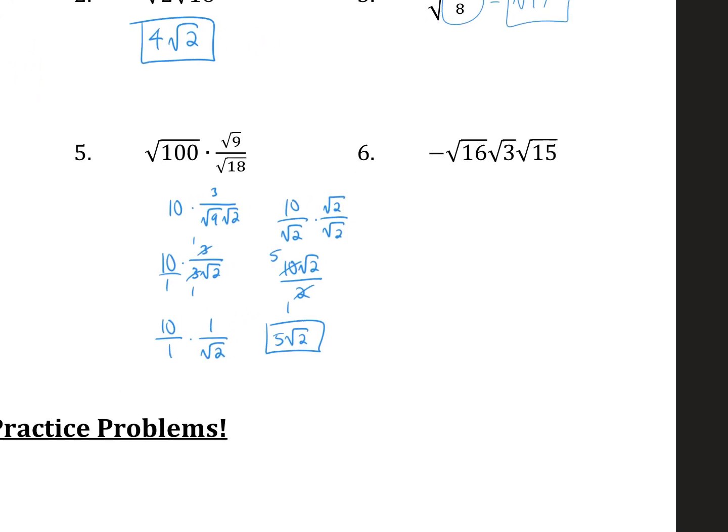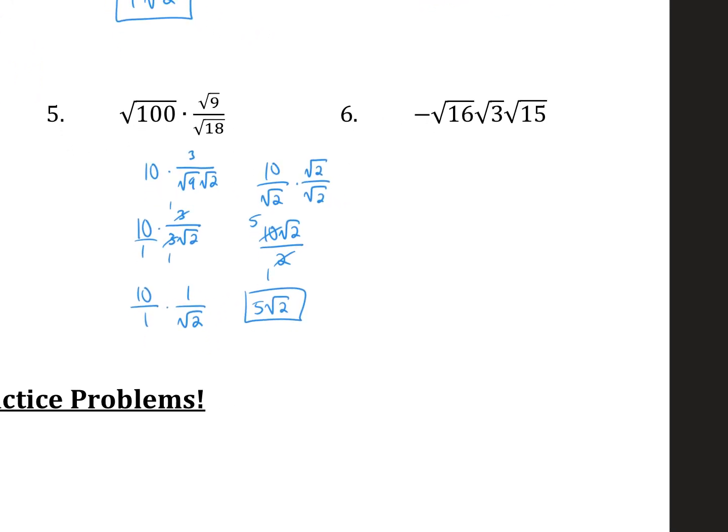All right, very cool. Number 6. What I might do for this one, let me double check this here. I was thinking if you could multiply these all out and get a nice number like 900, but it doesn't do that. So let's go ahead and do it step by step, okay? What I might do is do 16 because it's a nice number. So square root of 16 is just 4.